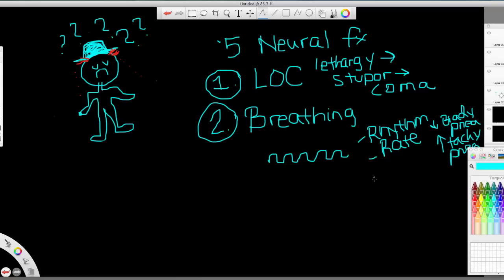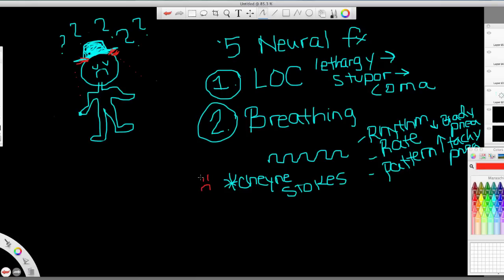We're also going to look at the pattern. What we're really looking for here is if he has this really ominous sign, which is Cheyne-Stokes. Cheyne-Stokes pattern. So this is ominous, it's really bad, and it means that he probably has some type of brainstem damage going on.